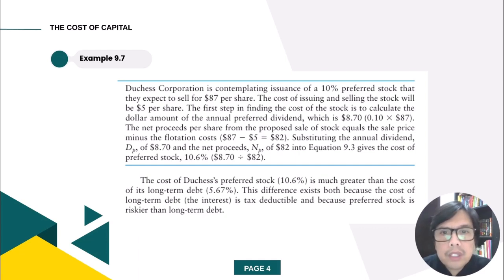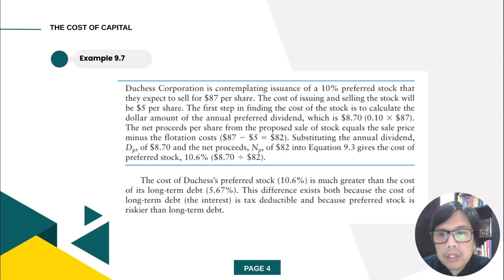The net proceeds per share from the proposed sale of stock equal the sale price minus the flotation cost. Substituting the annual dividend DP of $8.70 and the net proceeds NP of $82 into equation 9.3 gives the cost of preferred stock, 10.6%.